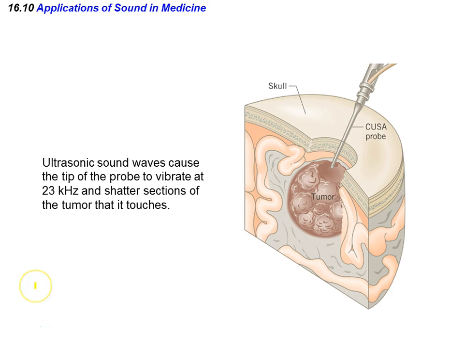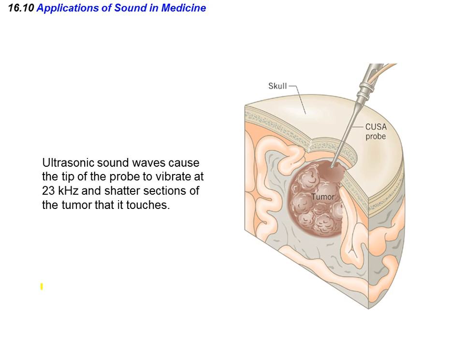We can also use ultrasonic sound to break up tumors or possibly detach tumors. Whether we want to cut a tumor away, we can use a physical scalpel, or something a little less invasive would be an ultrasonic pulse that can be used to break that tumor from the tissue.